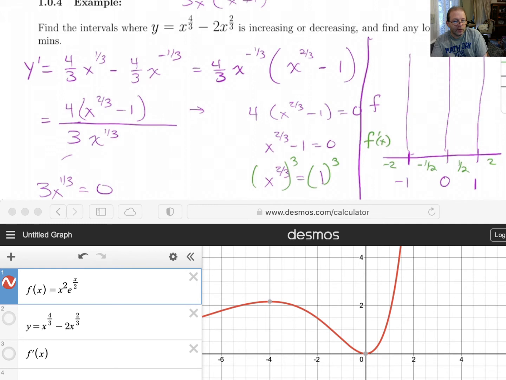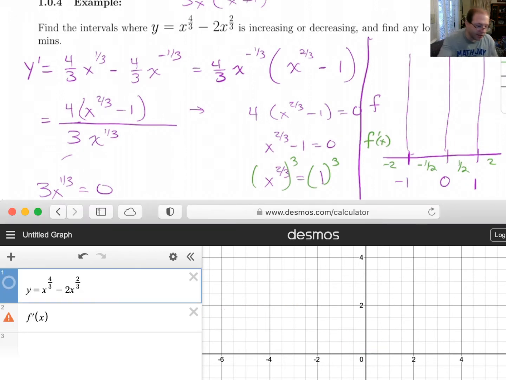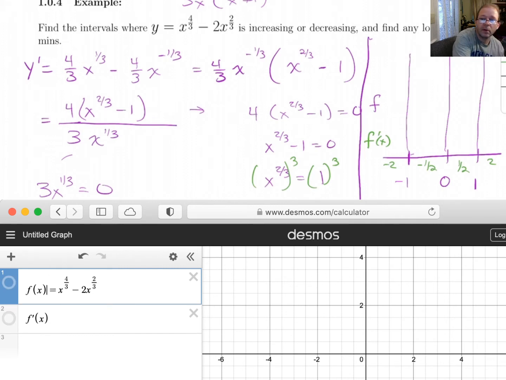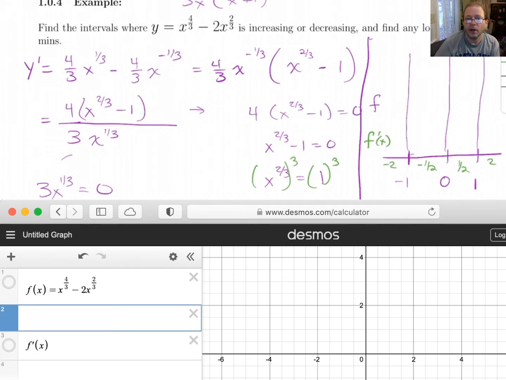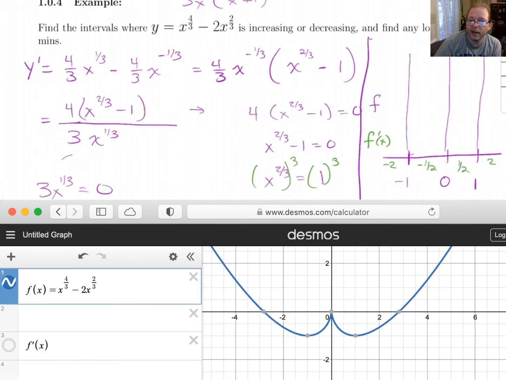We've already got it written here. I'm going to change the name of this to f of x. All right, and if we graph this, check out what it looks like. It's got this sort of shape. And if I highlight it, it shows us that's at x equals negative 1, that's at x equals 1, and that's at 0.